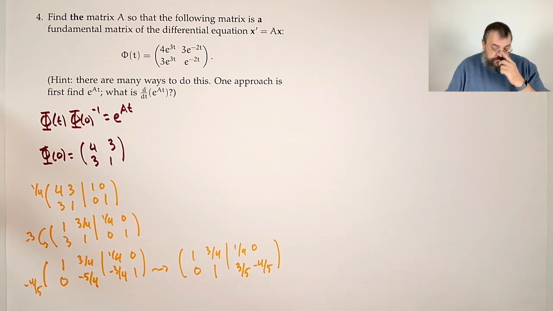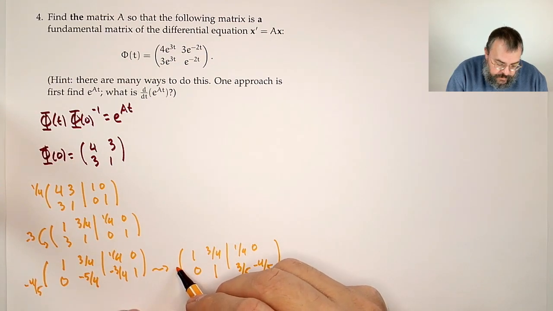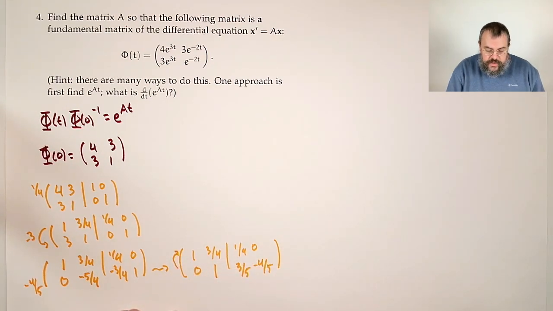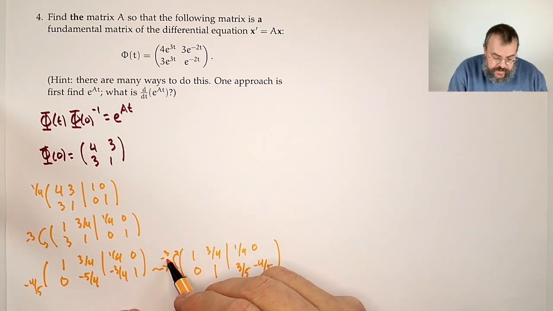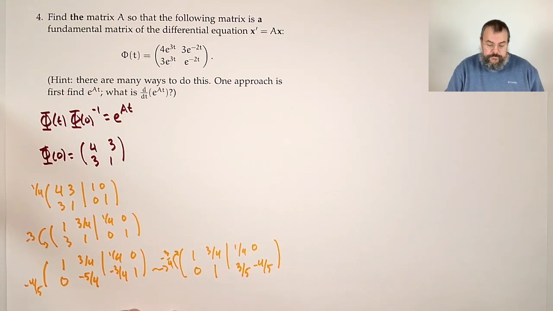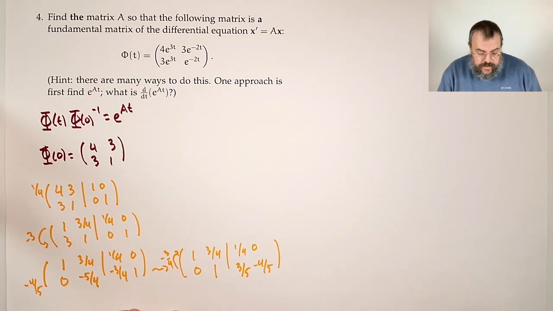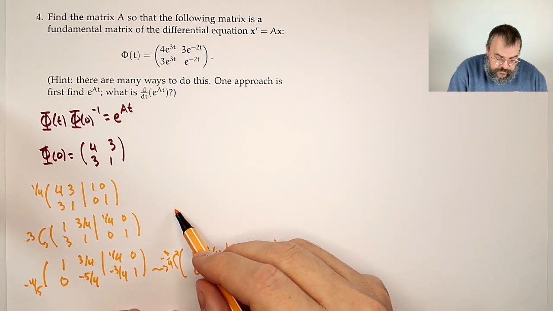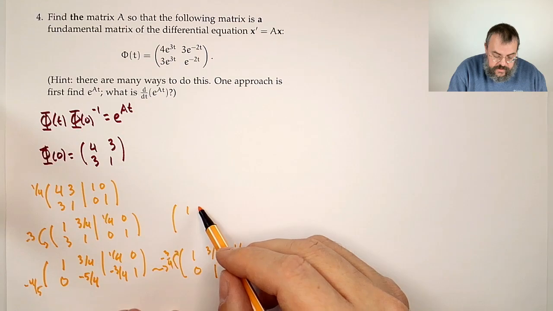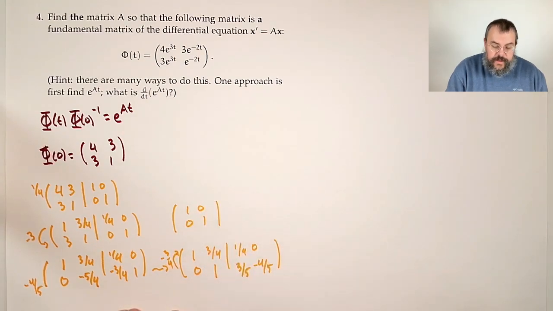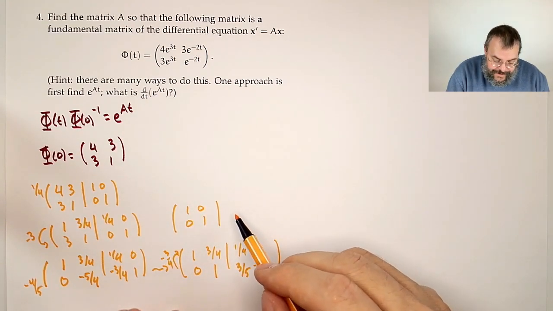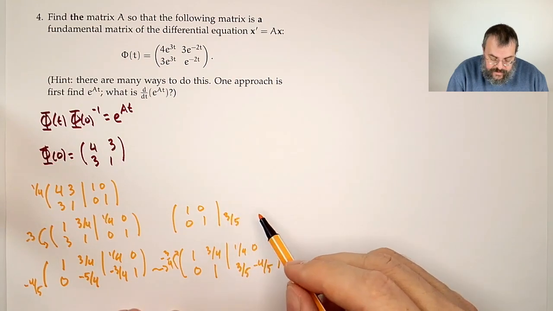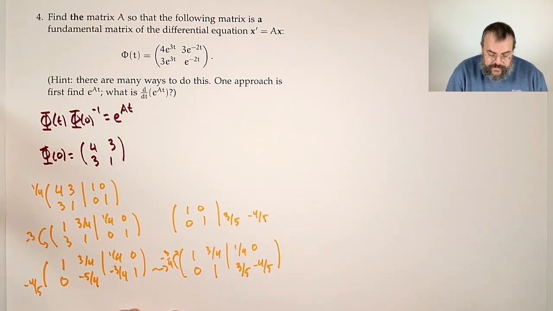And finally, we're going to come up here and get cancellation, so we're going to multiply by negative 3 fourths. If we do that, we're going to get 1, 0, 0, 1. Here, we'll get 3 fifths, negative 4 fifths.